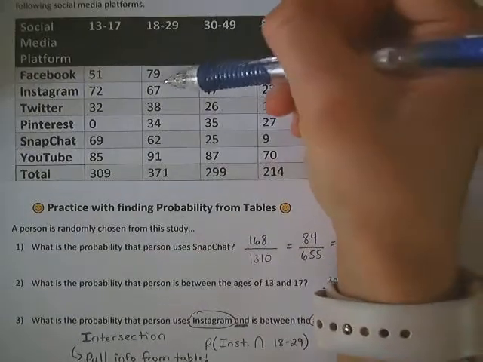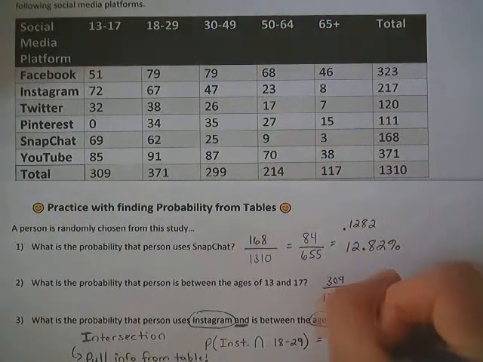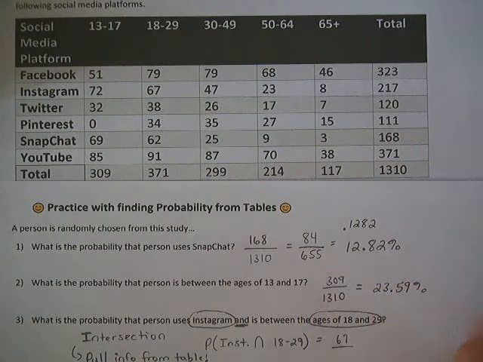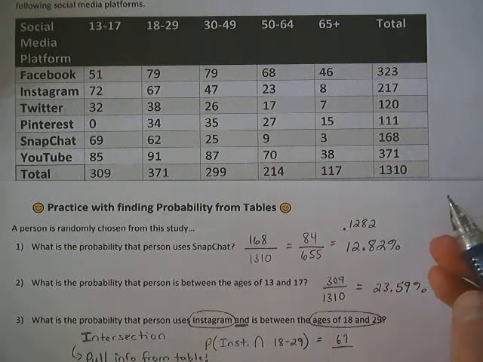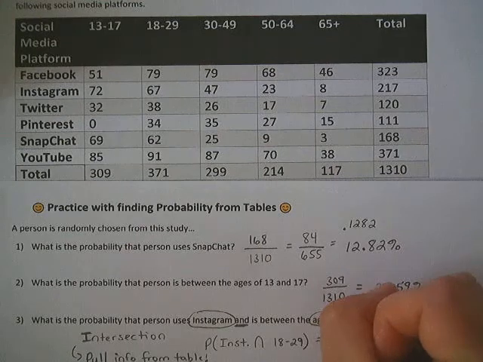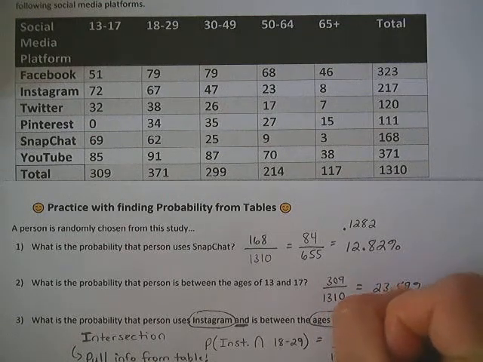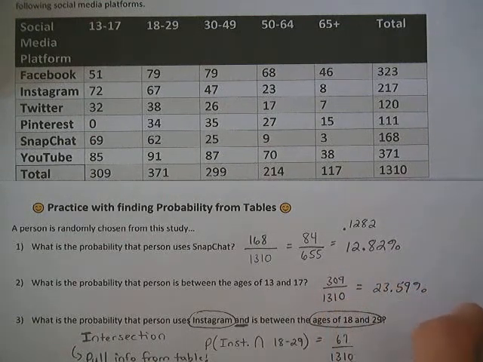And so there's 67 people out of, well, how many total people are there? Well, we discussed before, 1,310 people. So we have a 67 out of 1,310 chance that we would get a person that's in both of those groups, all right?